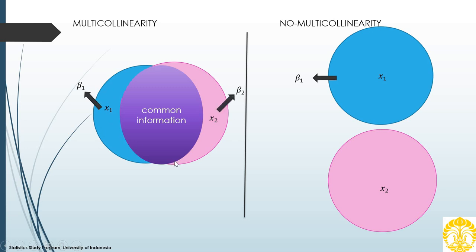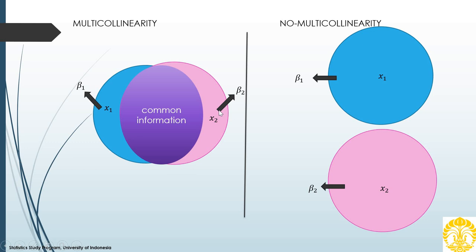Similarly with beta 2 here. For the multicollinearity case, the interpretation is actually the same as when there is no multicollinearity, that is the contribution of x2 in explaining y, after considering all other contributions from other variables.